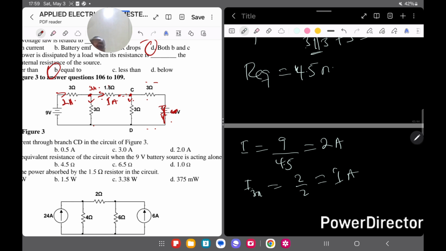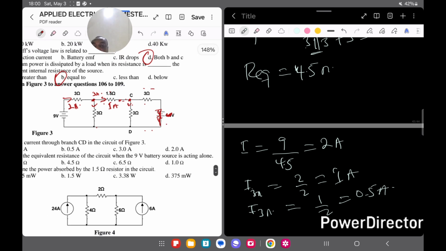And the total current which is entering node C here is what? It is 1 ampere. Because the resistances are just the same and they are in parallel, the current for this part now, 3 ohms here, is going to be what? 1 here divided by 2. That will be 0.5 amps. So I get 0.5 for this.